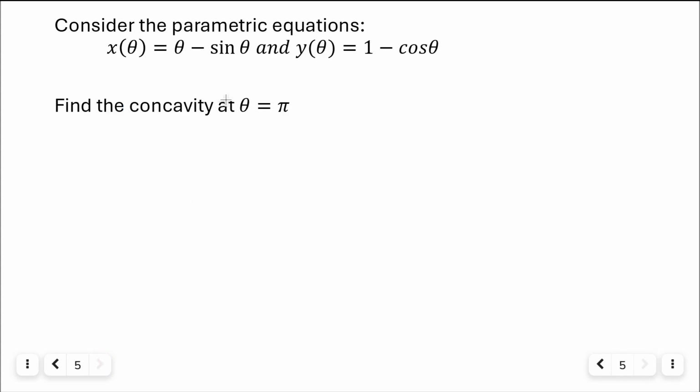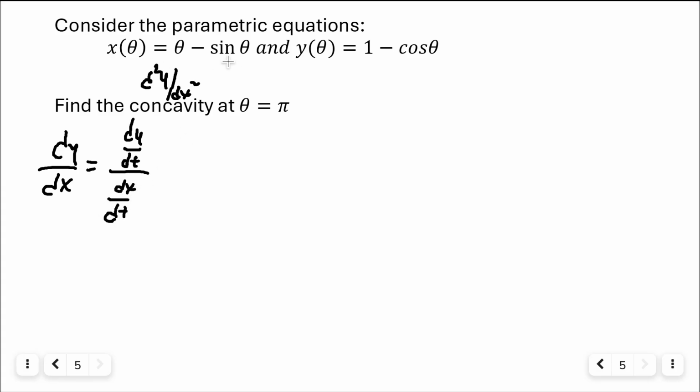Let's find the concavity for this set of parametric equations at theta equals pi. Okay, so concavity, I need the second derivative with respect to x. So let's find the first derivative. That's going to be dy/dθ divided by dx/dθ.